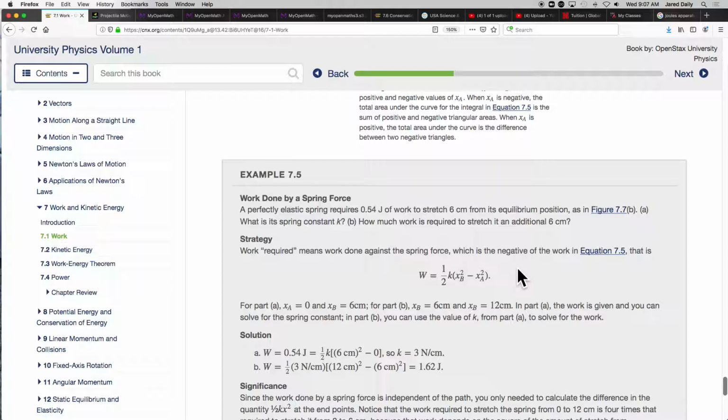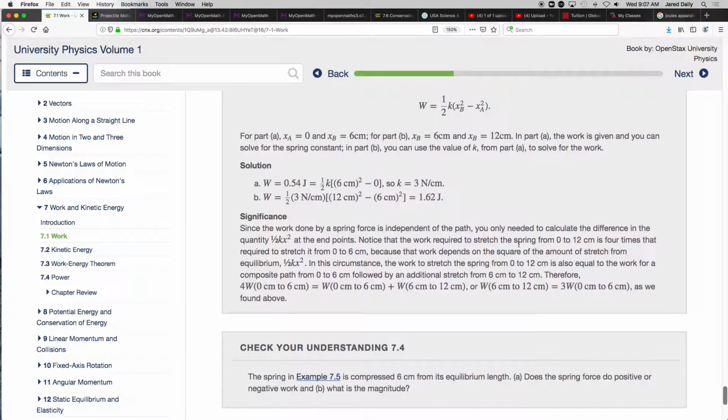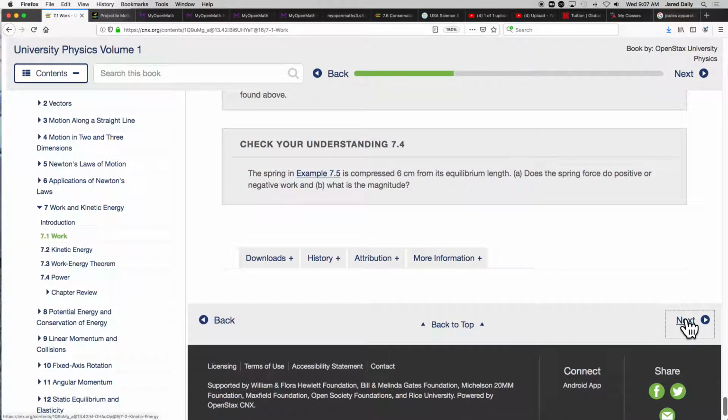But also you can calculate how much energy is stored in the spring, because when you do work to compress a spring or stretch a spring, the energy that you exerted, the energy that you used doing that work, is actually stored in the spring. So that's what we call the potential energy in the spring, or the spring potential energy. So we learned a little bit about potential energy in the first section as well.